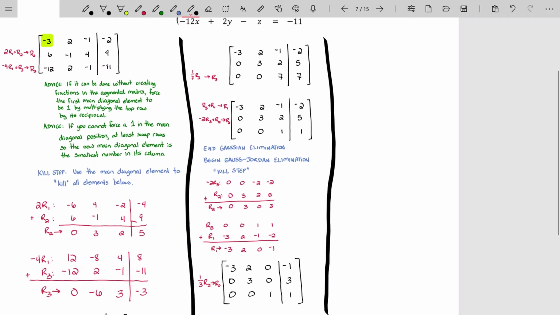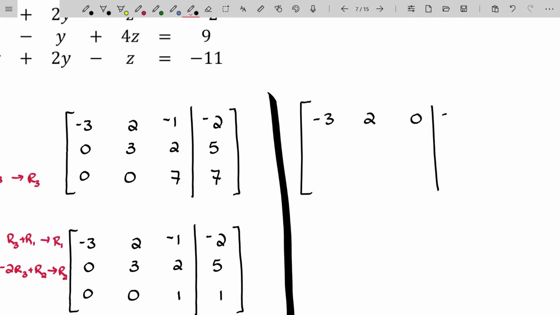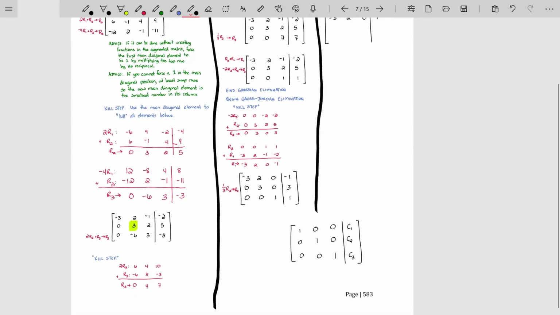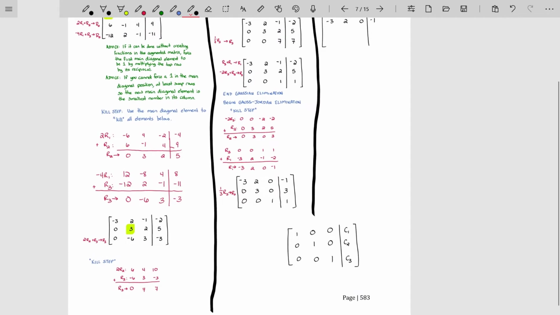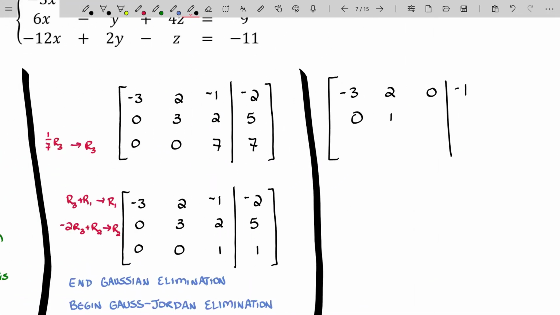So I get a -3, 2, 0, -1. The second row is what I'm multiplying by 1/3, so that'll be 0, 1, 0, 1, and the final row was 0, 0, 1, 1.